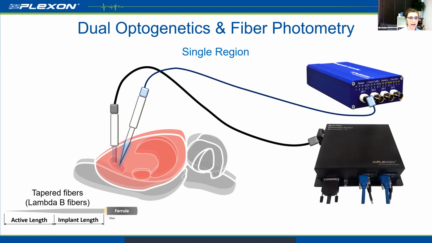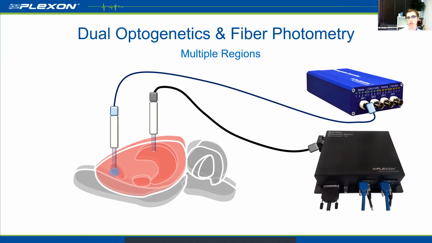And for this, I recommend looking into tapered fibers, which are a type of fiber that Plexon offers, because these emit light along an entire active length. One setup that might actually benefit from doing tandem systems is if you're looking at circuit dynamics across multiple regions. So you can do optogenetic stimulation in one region and vibrophotometry recording in another region.